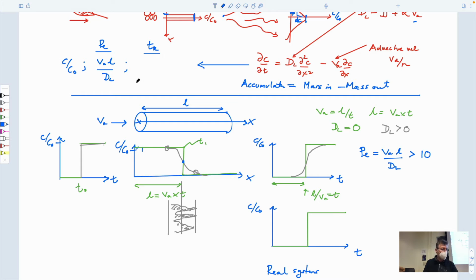It's actually a pore volume, which is advective velocity times time, divided by length. I'm not doing very well today.